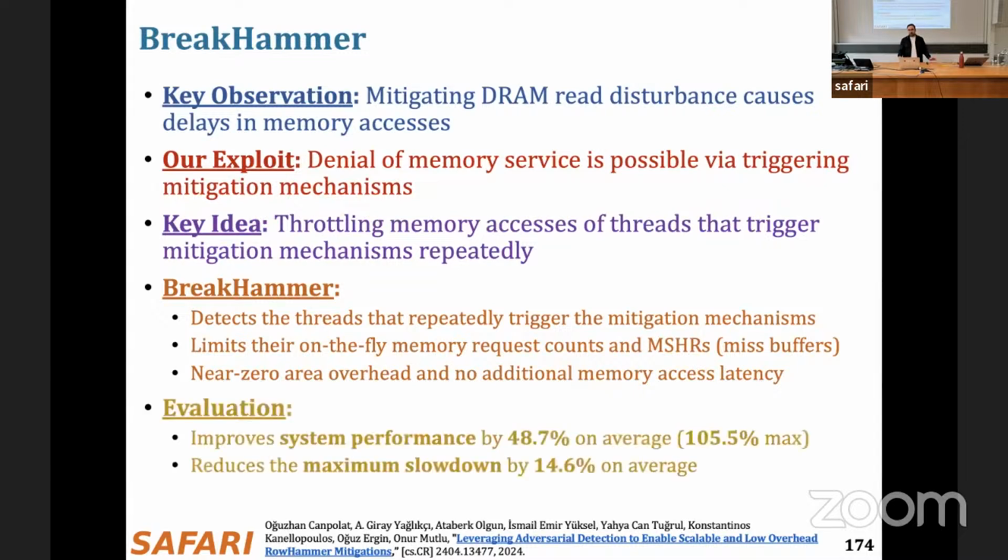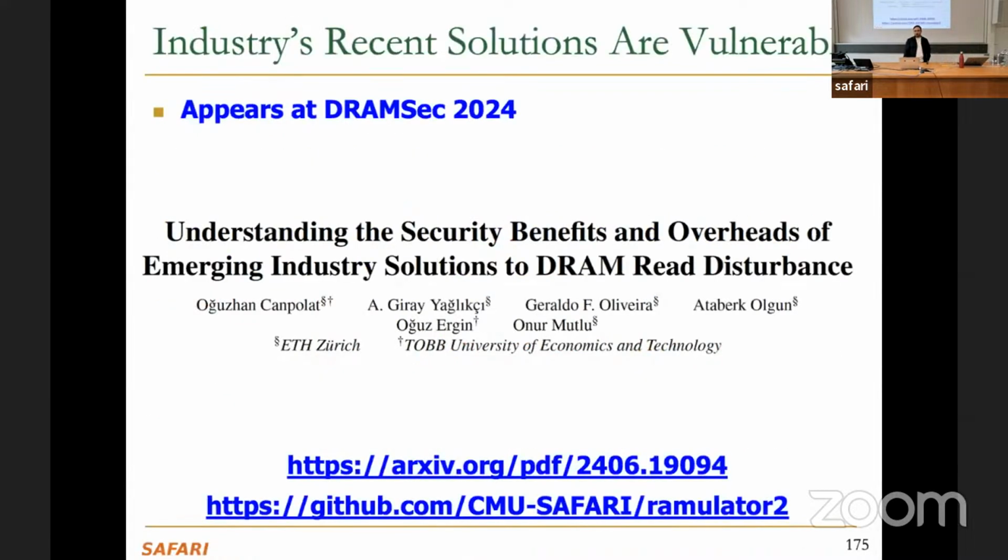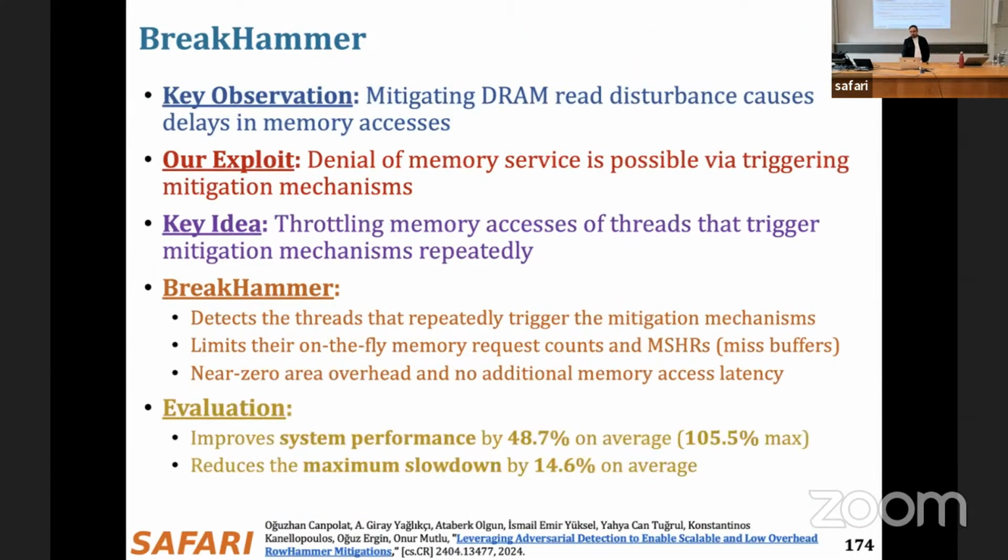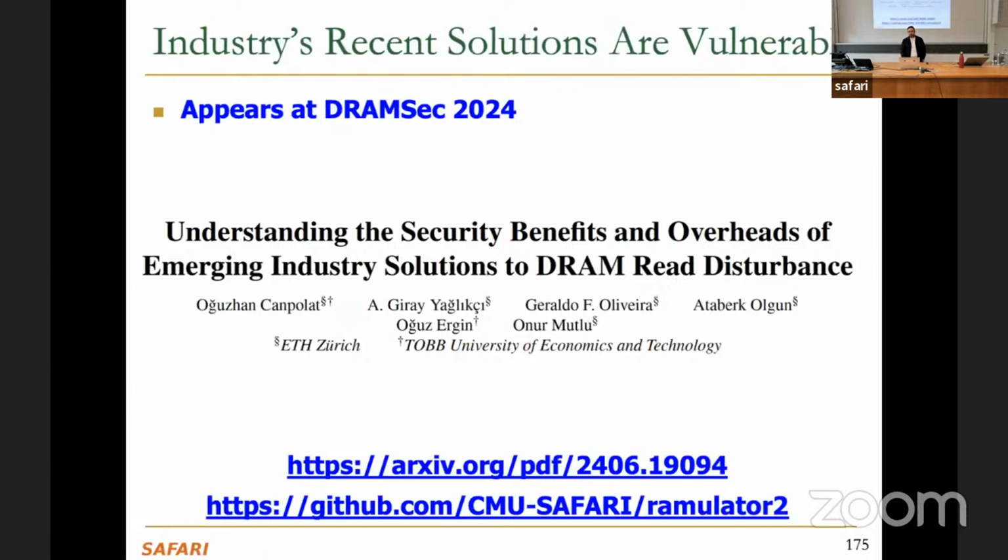We can implement it at near zero overhead with no additional memory access latency, and we can improve system performance quite a lot by mitigating the effect of denial of service attacks. Probably after MICRO, in a future session, we will talk about it in detail as well.